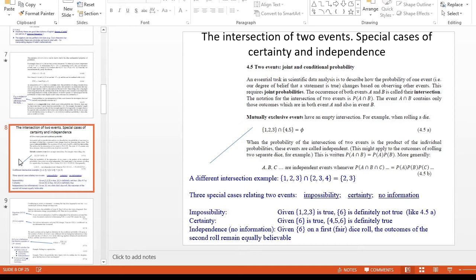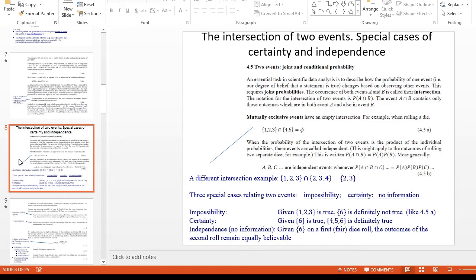When the probability of the intersection of two events is different from this, as in equation 4.5b, we have a second important case, independence between the events.